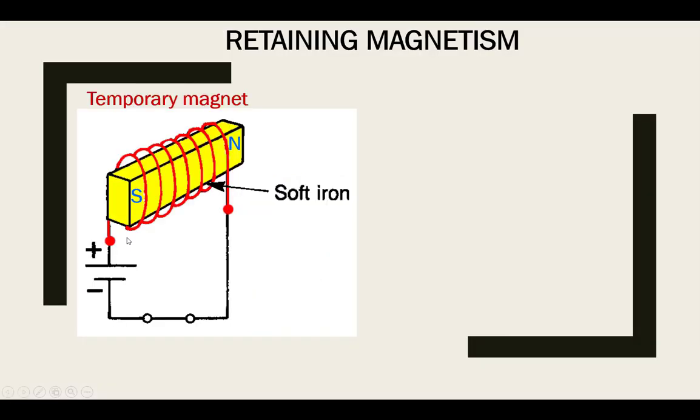So, retaining magnetism. Here I have a temporary magnet, an electromagnet, and I have soft iron. And in this particular case, if I close the switch, the current flows through this coil, through this conductor, causing magnetic fields to develop around the conductor, and that magnetic field goes into this core, this piece of iron, causing it to be magnetized.